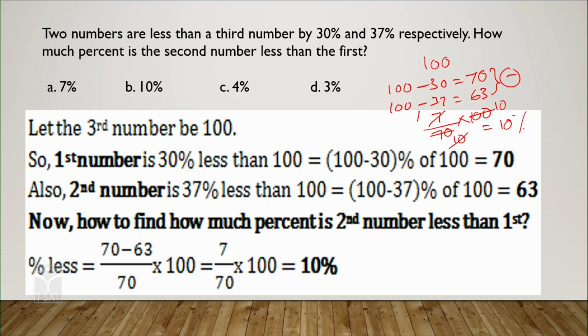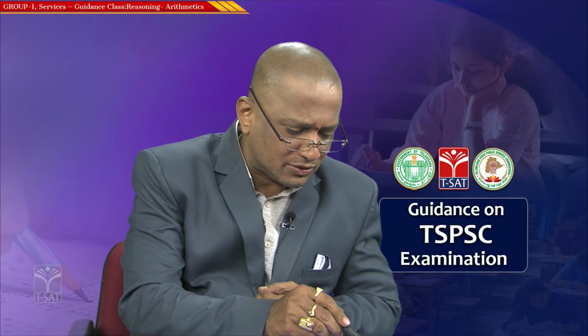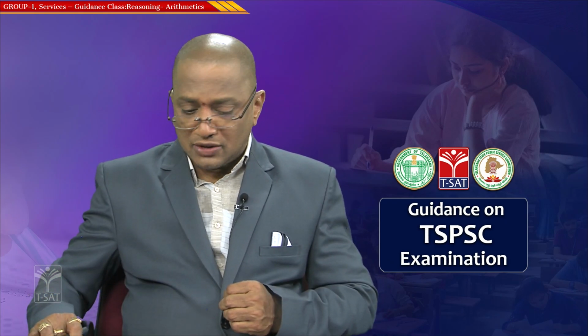But non-mathematics aspirants, they have to do a little bit of work here. If you say 70 is the first number, second number is 63, the difference is 7. 7 out of 70 is how much? Means 10%. That's it. The answer is 10%. You have to say 10% is the answer. Okay, now we have to shift to the next.